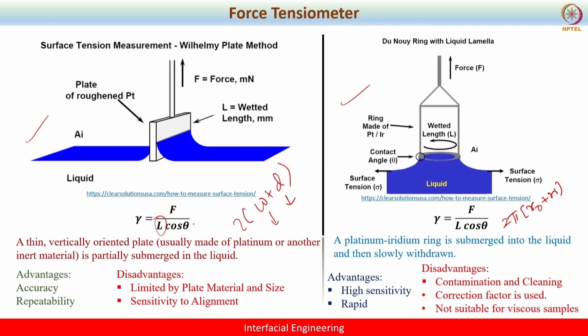Not only water, with most liquids, organic liquids, it is negligibly small. So one can get away with the cos theta component, which is cos 0 in this case, equal to 1. So what you need to worry about is the perimeter always.